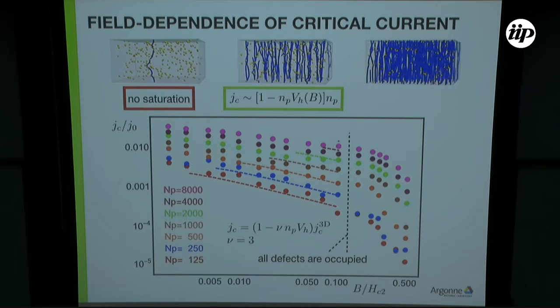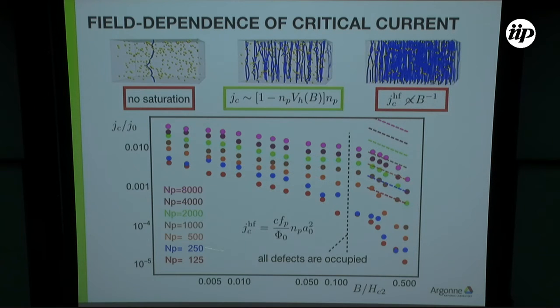Now, if we go to the high field regime, and here again I show what we expect from theory, then we see that we have a very large discrepancy between what we expect from the theoretical considerations and what we see in the simulations. In particular, I would like to draw your attention to the fact that the slope, which is giving us the power at which the critical current decays as a function of field, is much steeper in the simulations than what we expect from theoretical considerations.